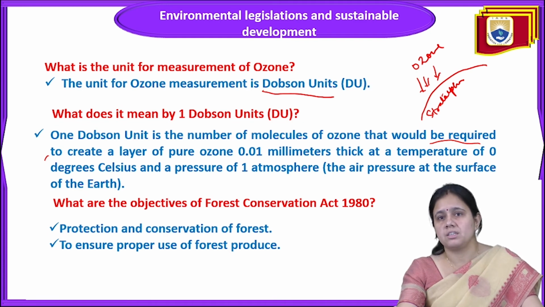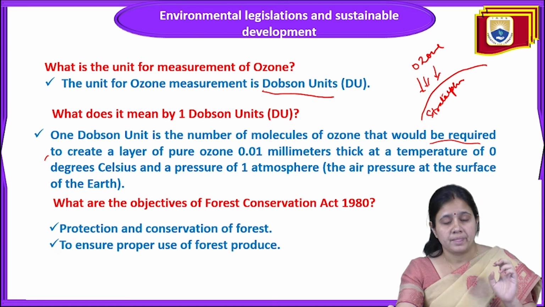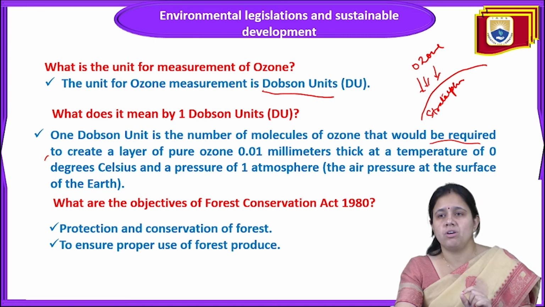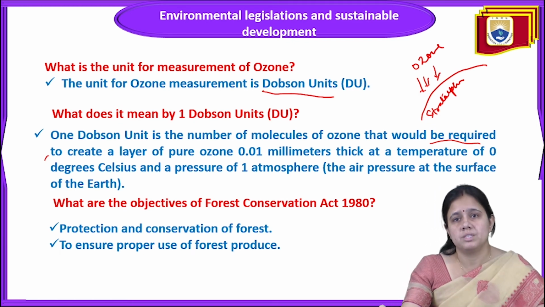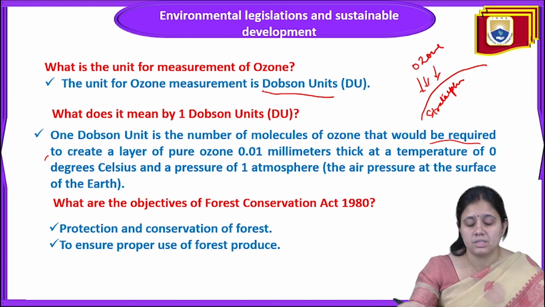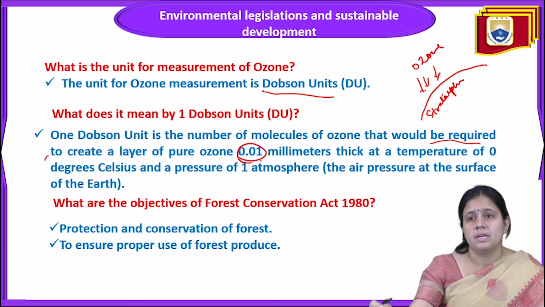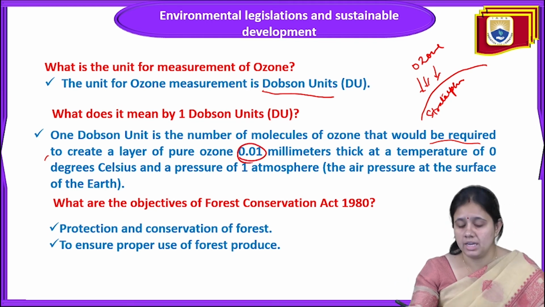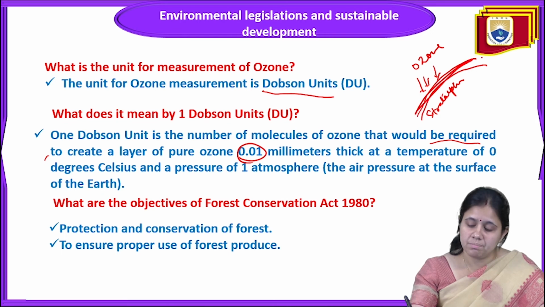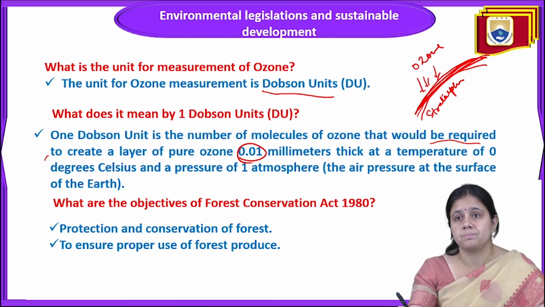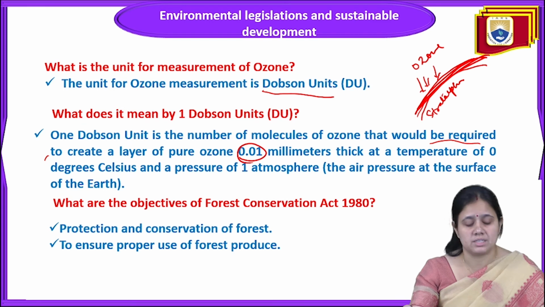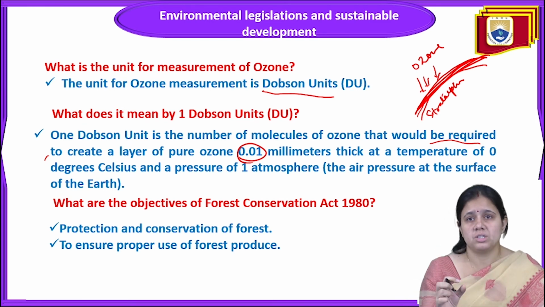The air pressure at the surface of the earth means it is the unit of the molecules of ozone that will be required to create a layer of pure ozone, 0.01 millimeter thick at the stratosphere, at 0 degrees Celsius and a pressure of 1 atmosphere.